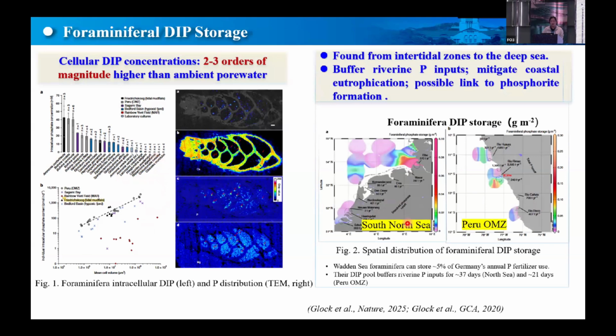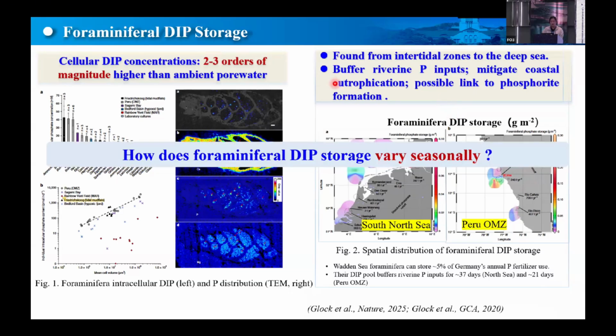It can be found from intertidal zones to the deep sea, and foraminifera DIP storage can buffer riverine phosphorus input, mitigate coastal eutrophication, and possibly link to phosphorite formation. So we now know that foraminifera can accumulate phosphorus within their cells. Does this phenomenon also occur along China's coast? What's the pattern of this accumulation, and how does it change with seasons?